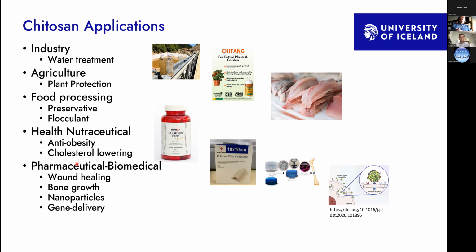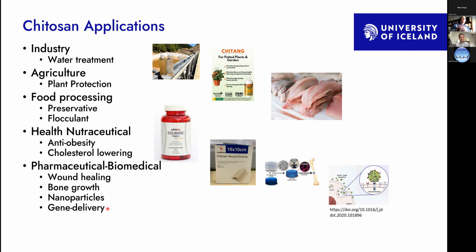And maybe our main interest in chitosan is due to its usefulness in pharmaceutical and biomedical applications. Wound healing products are available. It's used in bone growth, and there are some products on the market or in development. There is a huge literature on nanoparticles based on chitosan, used also for gene delivery.